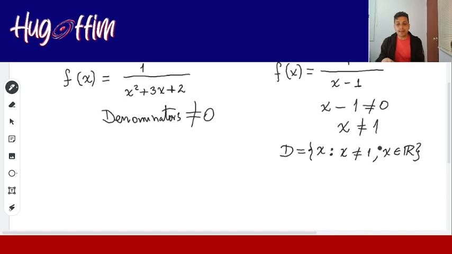Okay, it's better to write it first, that x is a real number and that x is different than 1. You know? X belongs to real and x different than 1.